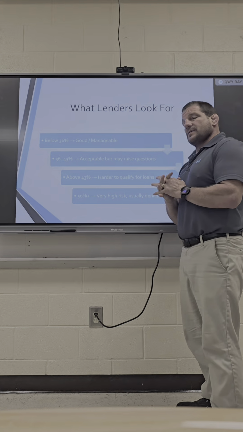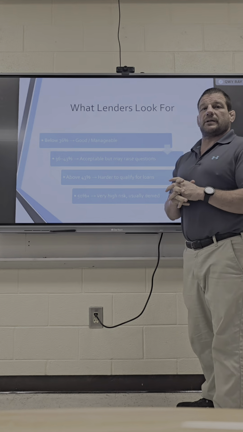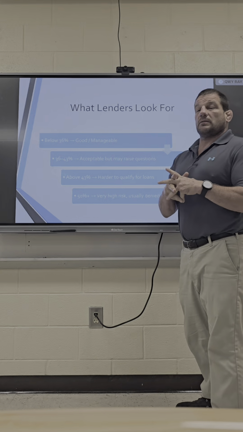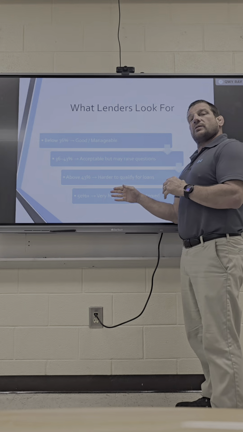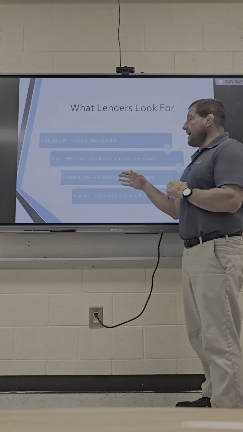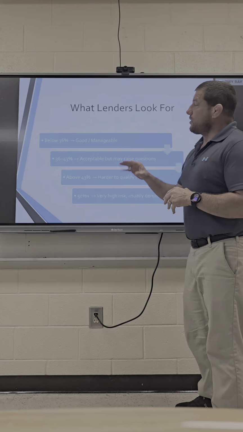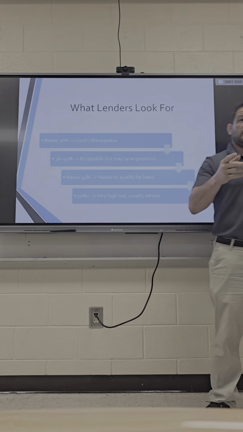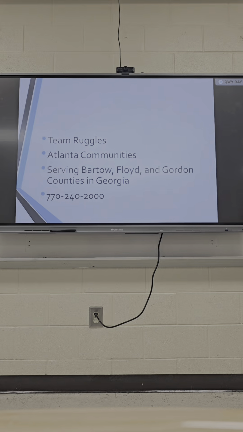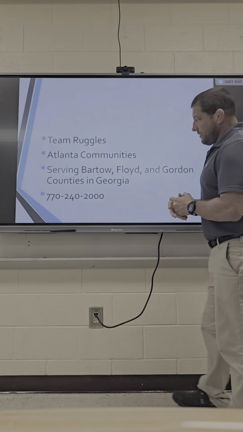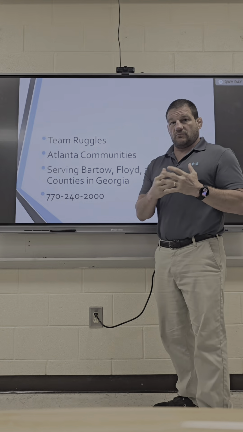And at 50+%, you're probably not going to get a new line of credit or a loan. You definitely have to work on getting rid of some of your debt. So those are what they're looking at when you take all your information to the lender. I hope this helped with understanding debt to income ratio.